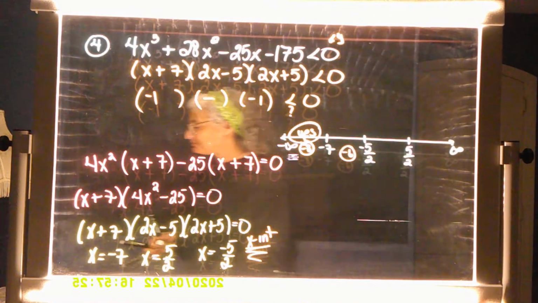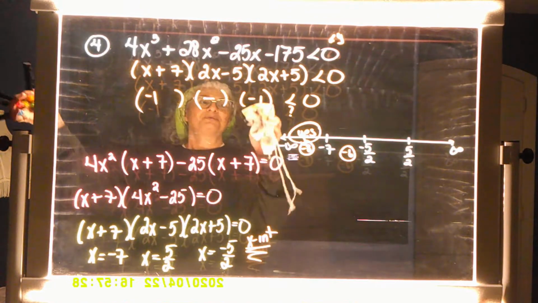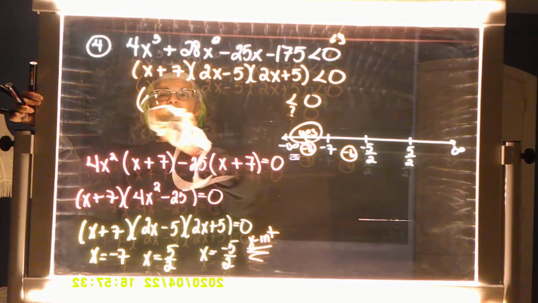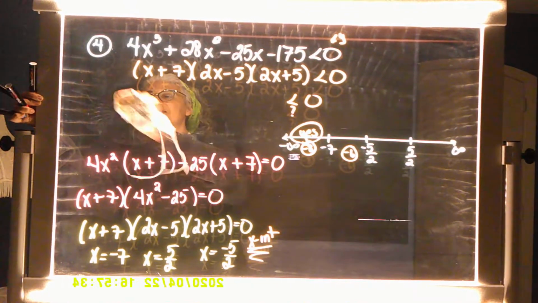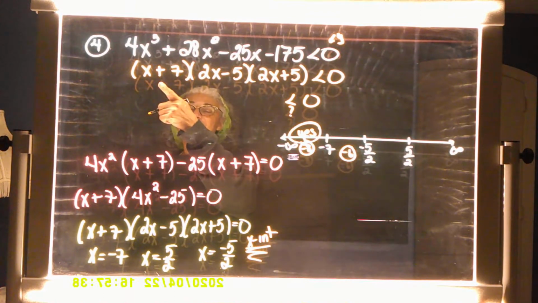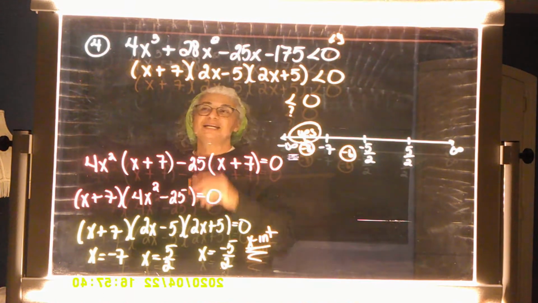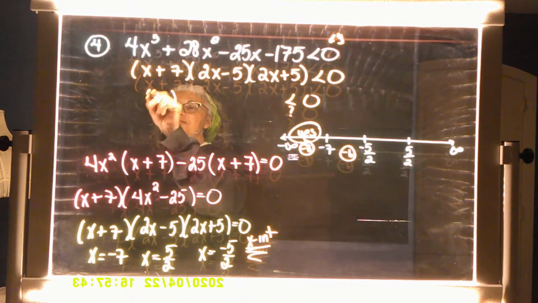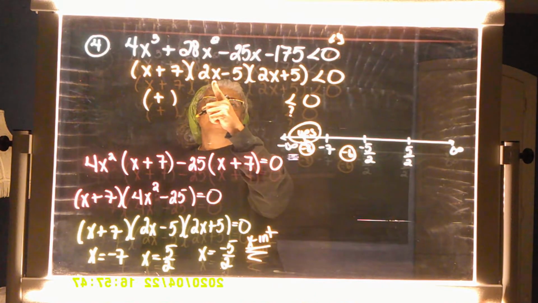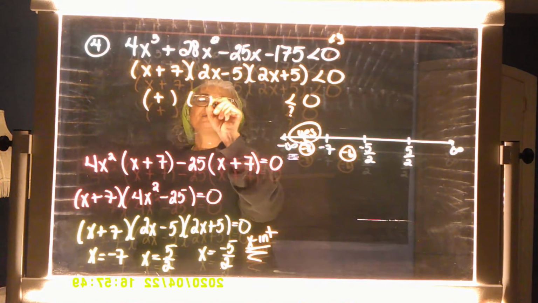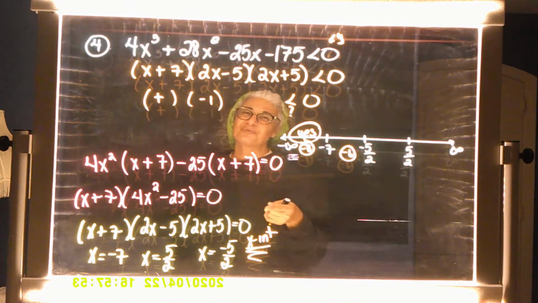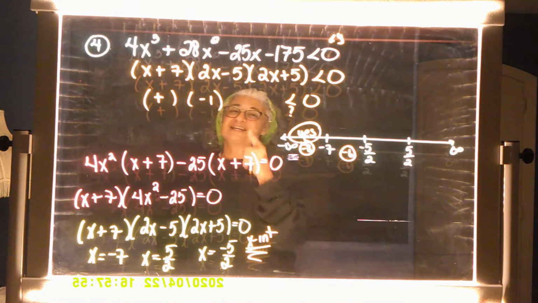And again, we're going to plug it into all three of these and see if it works or not. When I take a negative 6 and plug it into the first, that'll be a positive answer. Into the second, that'll be a negative answer. I don't care what the number really is, all I know is it's negative.